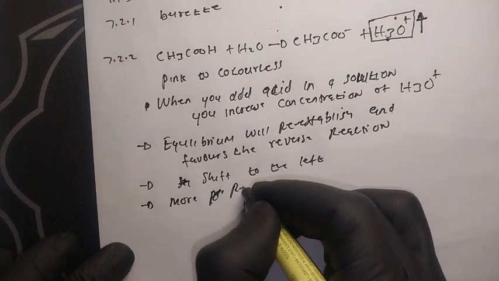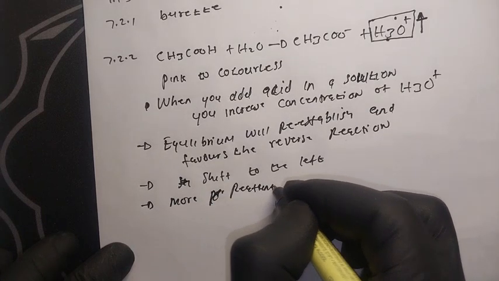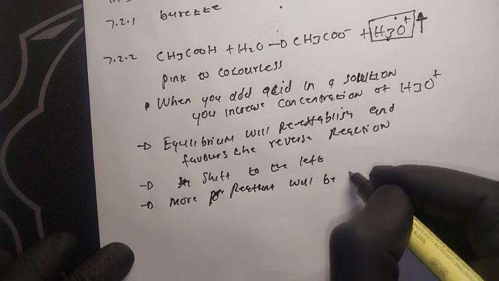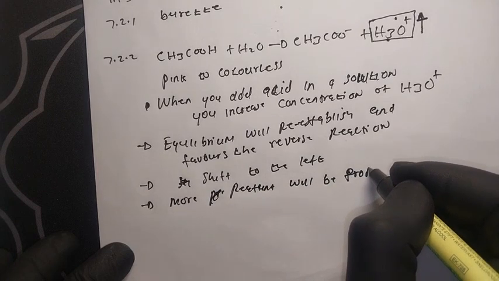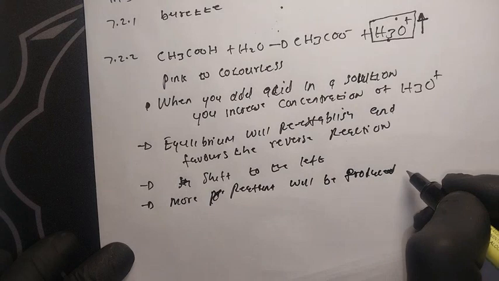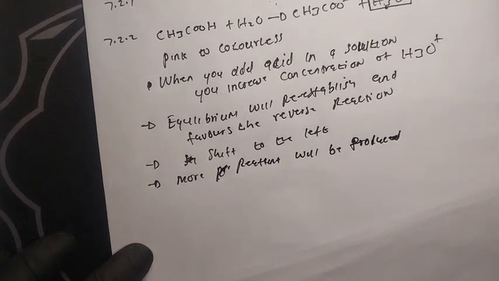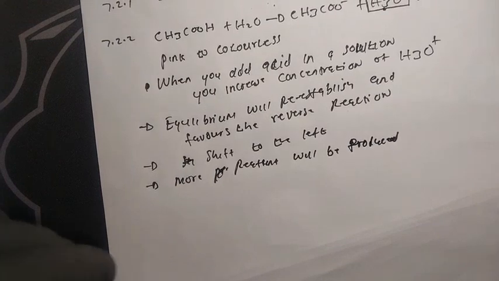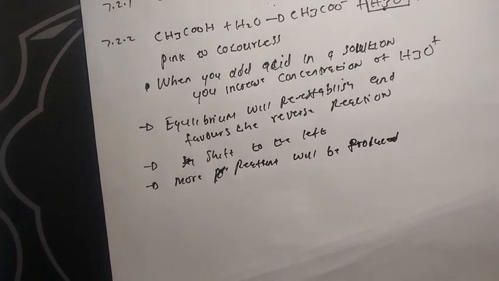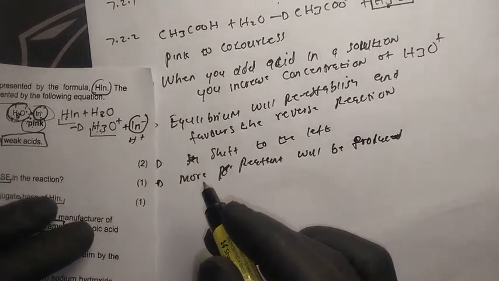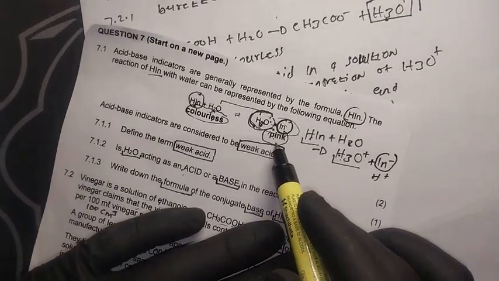More reactant will be produced, since now the equilibrium has shifted to the left, or it favors the left. So now the color here should change from pink to colorless.